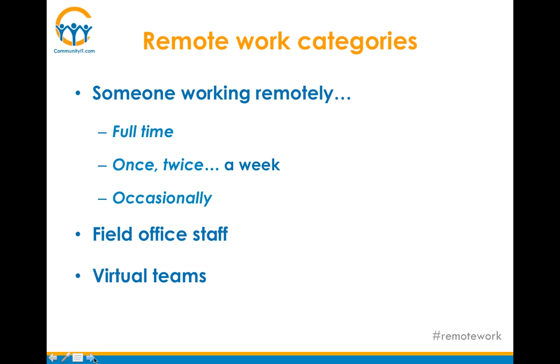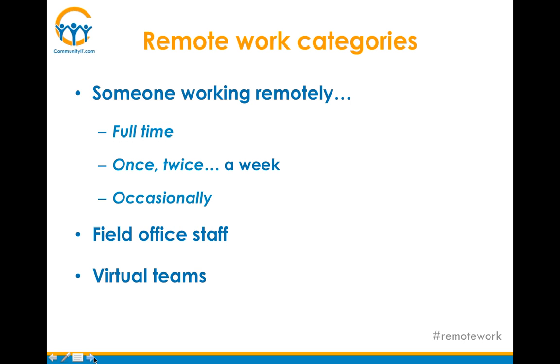The second category is field office staff. Say you have your main office in Maine, and you have a field office in, I don't know, New Hampshire, and you're trying to make sure those 2 offices collaborate and work together. If the main office is the head office and the New Hampshire office is the field office, you want those 2 offices to interact together.